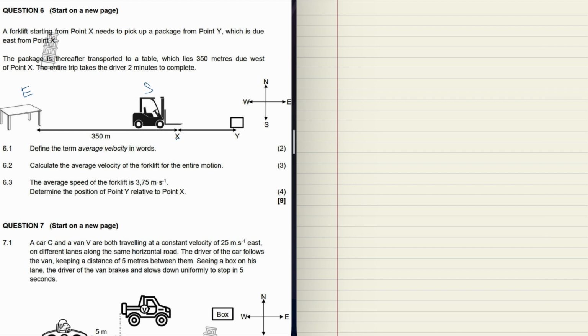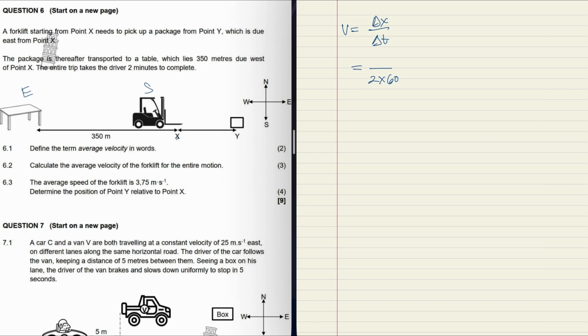Question 6.2 says calculate the average velocity of the forklift for the entire motion. So velocity is equal to displacement divided by time. We know the time is going to be 2 times 60, because 2 minutes converted to seconds is 2 times 60. But the displacement is what we need to be careful of. Displacement is the straight line distance from start to finish.